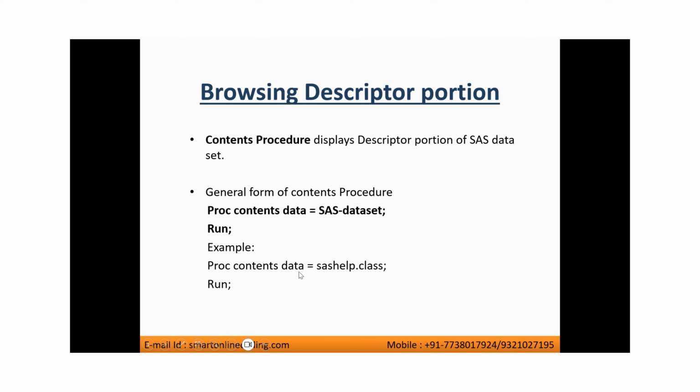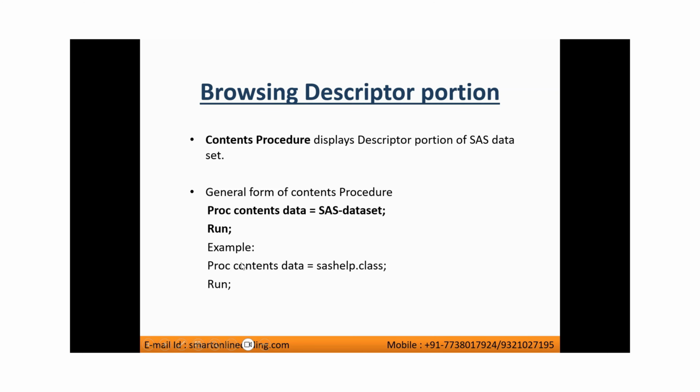Example. Now you can see how, in a real-time scenario, you are going to write it. PROC CONTENTS DATA equal to SASHELP.CLASS. SASHELP, I'm going to tell you further, is a permanent library which exists in your SAS session. Dot CLASS means CLASS is your dataset name, which contains my information.